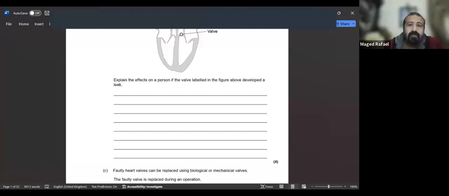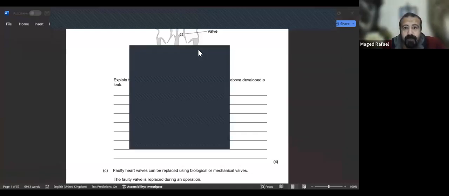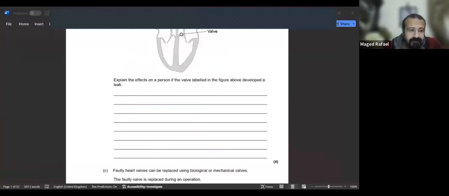Yeah, as some of you start writing the answer, look, if you talk about oxygenated and deoxygenated blood mixing, it's not the function of this valve.